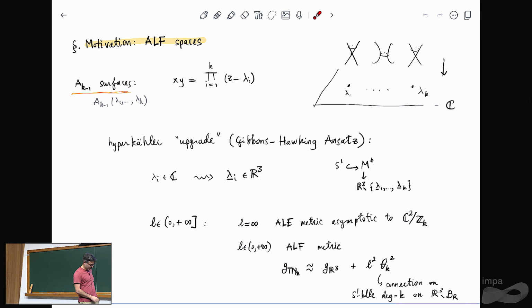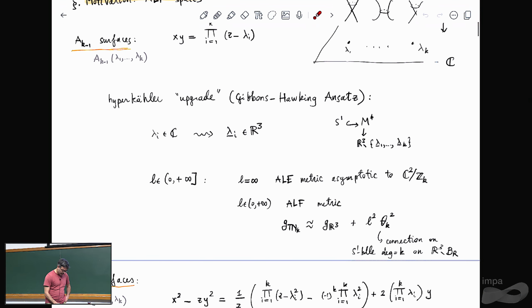now the parameters, instead of just being complex parameters, are distinct points in R^3. We go from a C star fibration to a circle fibration over R^3 with k points removed, which is a principal circle bundle. Then to write down the metric, we also need a positive parameter L, a constant.